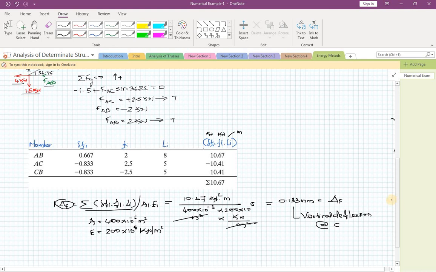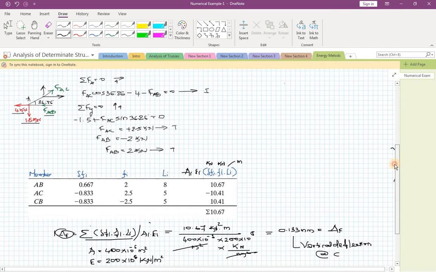At that point of time, you also need to include one more term here, Ai and Ei, and you can calculate separately, make the summation, and the final value will give you the final deflection at that point. Means you have to put this whole formula in the table itself and calculate that. We'll see such type of example also in the future.